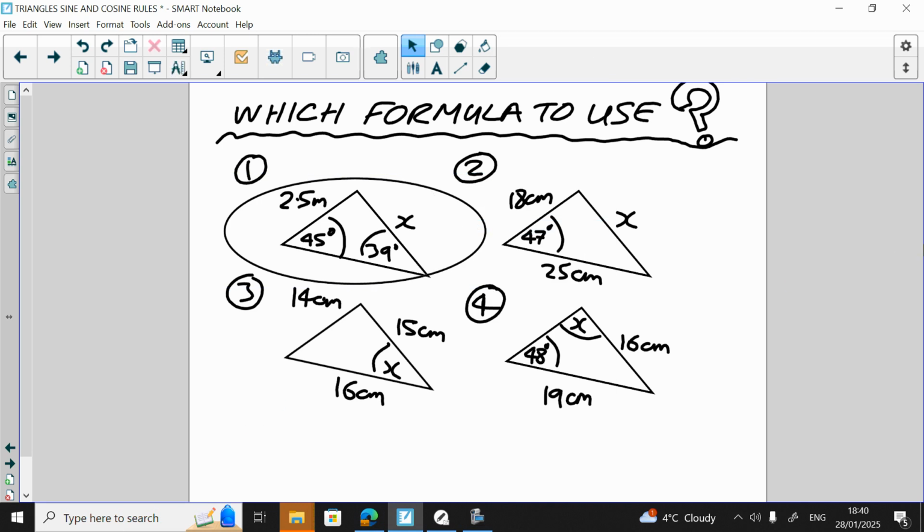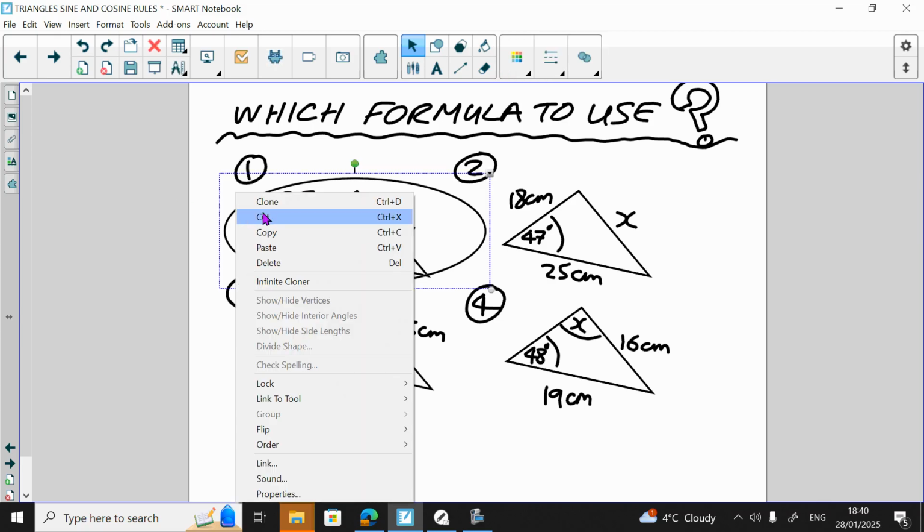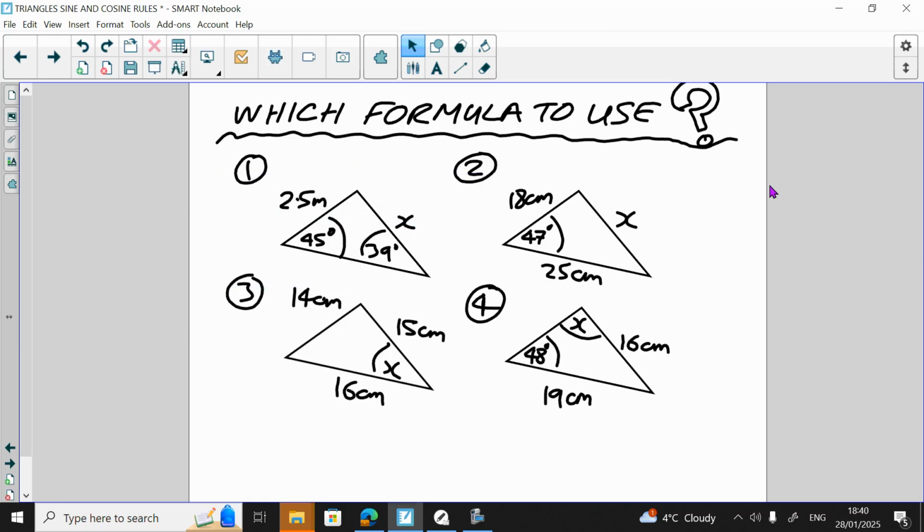Maybe that will suggest to you sine rule. Two sides, two angles is sine rule. And what you're looking for, an angle or side? Well, you're looking for a side here. So sine rule for side.